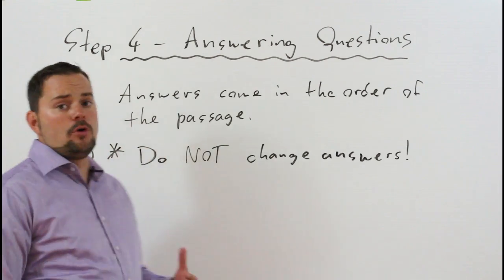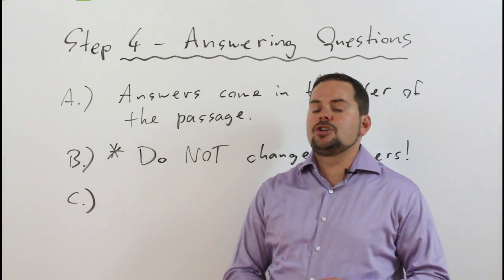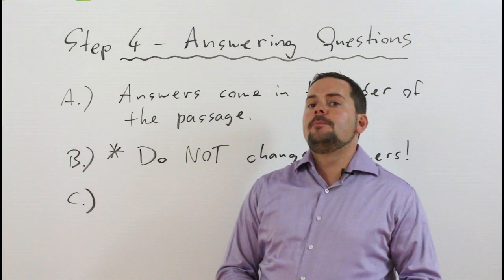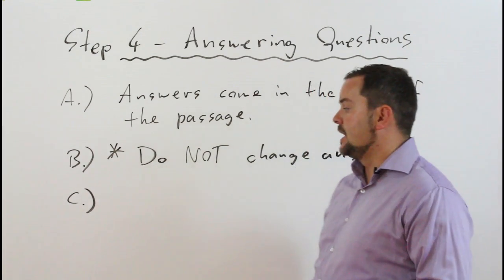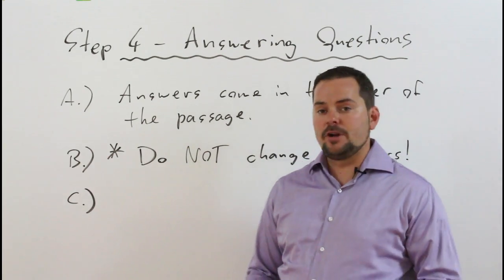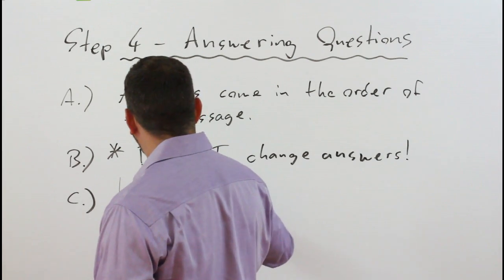Now, the third point, and this is a skill that you will need to use in every section of the IELTS exam, but especially when you're doing these reading questions, is look for paraphrasing.